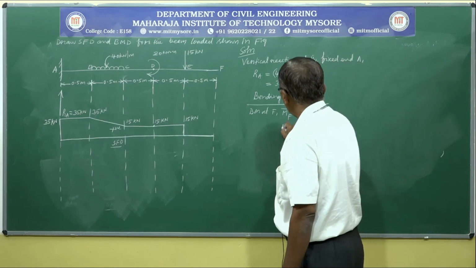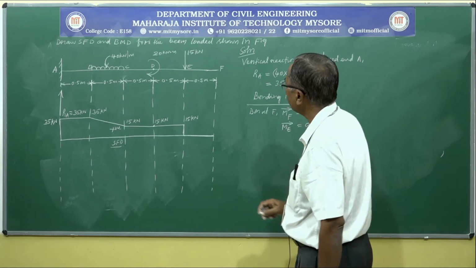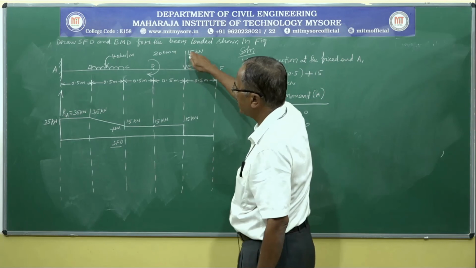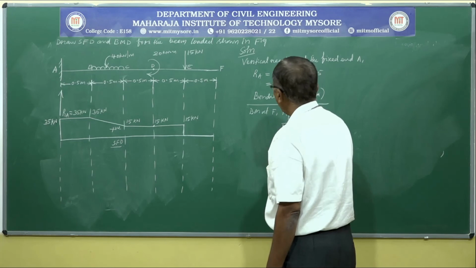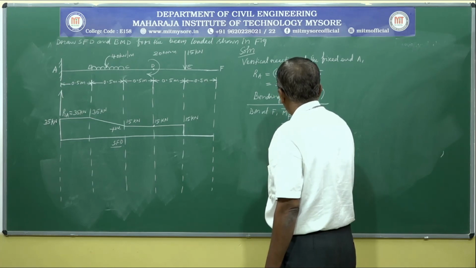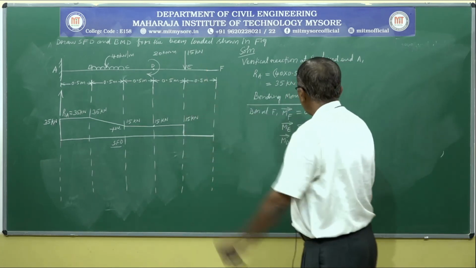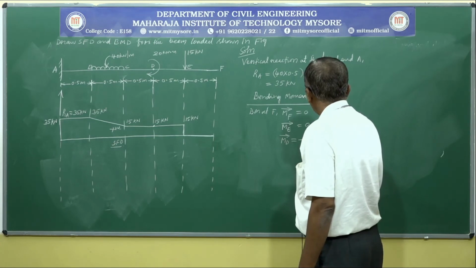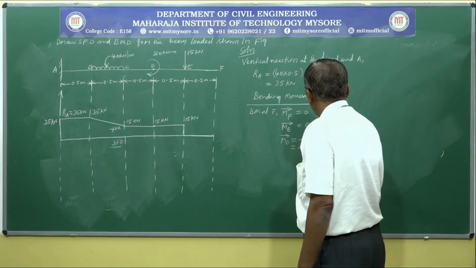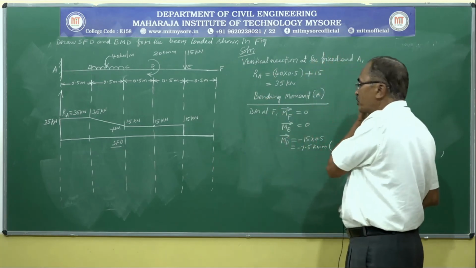Next, bending moment at E, ME, is equal to 0. Of course, a point load is there, it will not create any moment, hence it is 0. Next, bending moment at D, MD, again considering the right hand side. This will create a clockwise moment, minus 15 into 0.5 is equal to 7.5 kilonewton meter.